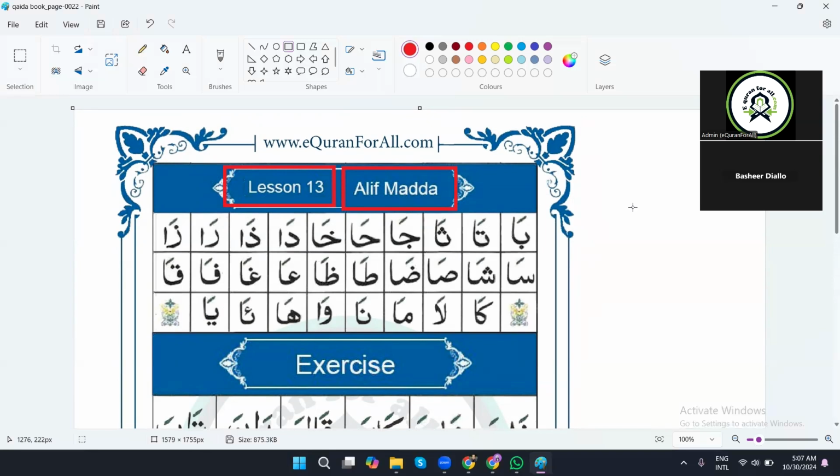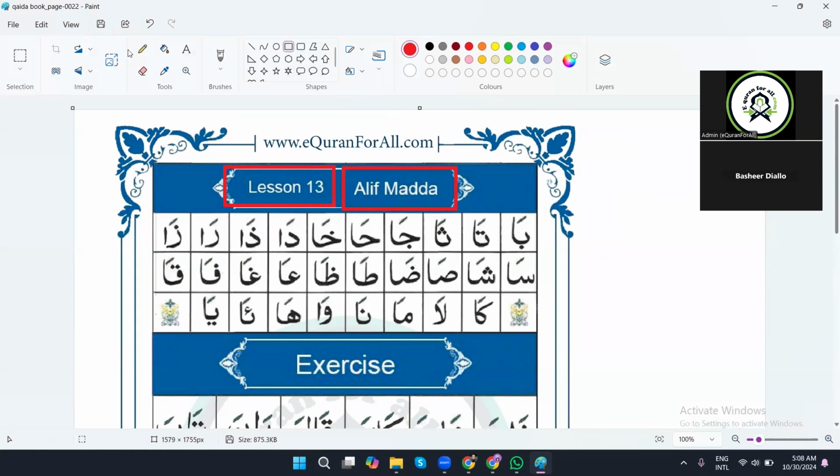And when the previous letter comes with the Fatha sign on it, then we call this Alif Madda. Now what do we do? We stretch the previous letter for 2 seconds. The sound will be the same, like we read the previous letter with the fatha sound, but we just prolong it for 2 seconds.